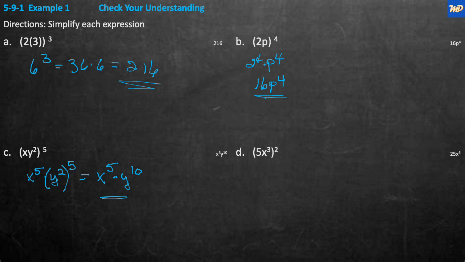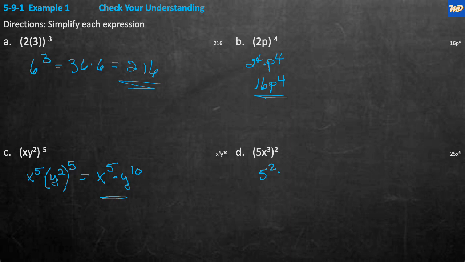How about D? 5x cubed squared. Just like the others, B and C ahead of it, we're going to take the 5 and we're going to square it. 5 squared times x cubed squared. This time I'm going to skip that step of putting the parentheses. x cubed squared is x to the 3 times 2. When you raise a power to a power, you multiply the powers.